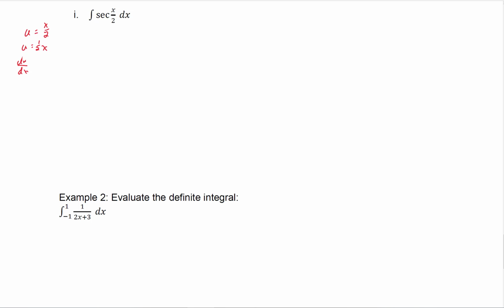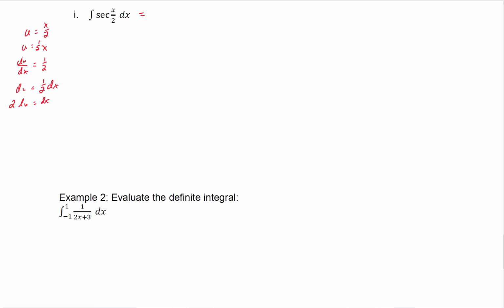So du dx is equal to just 1/2. So we have du is 1/2 dx, but we only have 1 dx in our integrand. So we've got to make 1/2 turn into 1. To do that, multiply by 2 on both sides. So 2 du equals dx.